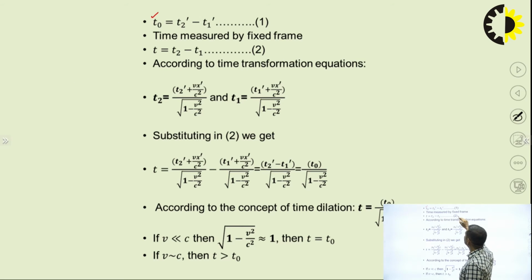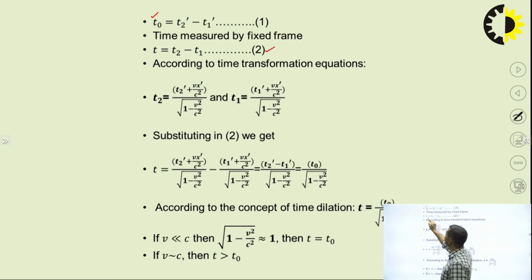So the time interval between the same two events with respect to the stationary frame is T, and mathematically T equals T2 minus T1. Now again, to find the relation between T naught and T, that means the proper time and the observed time.